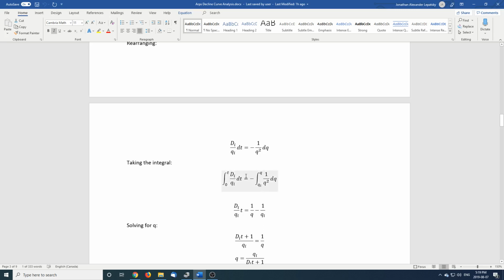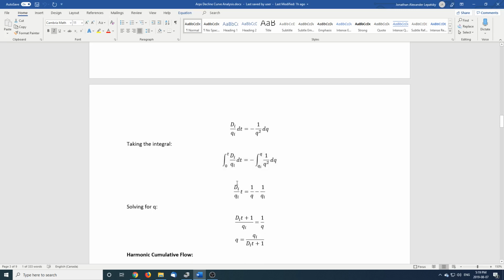And when we do that, the left side is pretty simple. You get your t. And this side is also pretty simple, just basic calculus, right? Your 1 over q squared is just going to turn into a negative 1 over q when you do the integral.